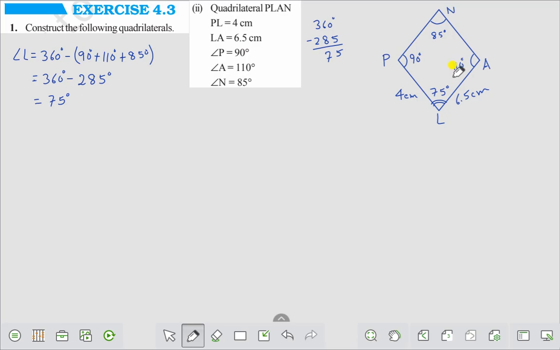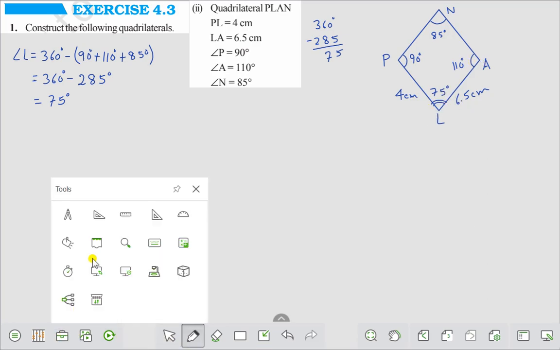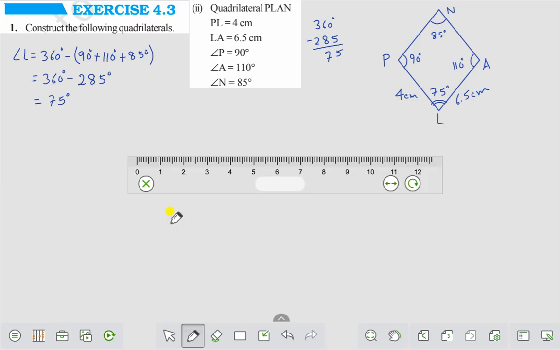Let us draw this quadrilateral. First of all, draw a line LA 6.5 centimeter. Let us for that take a ruler.